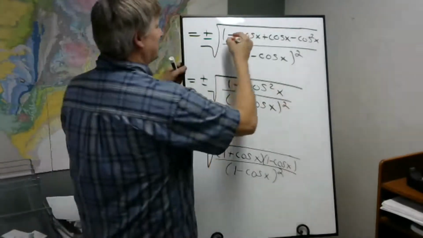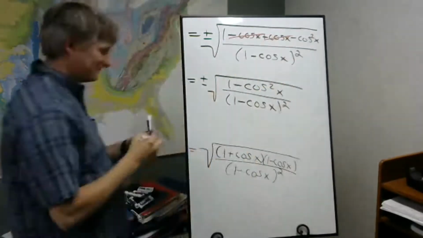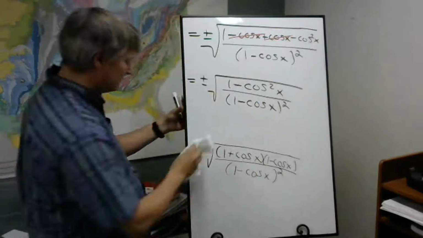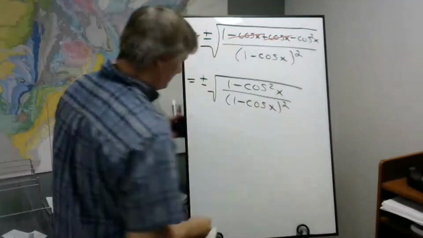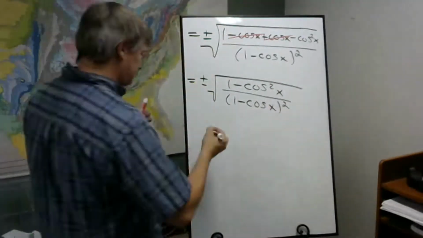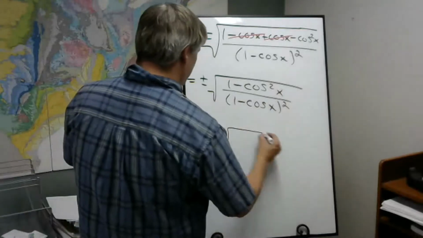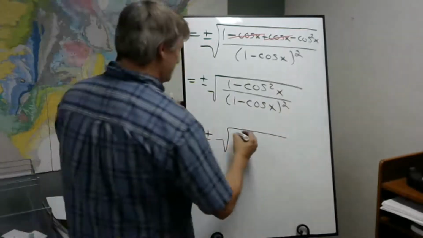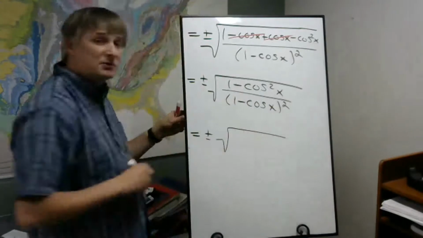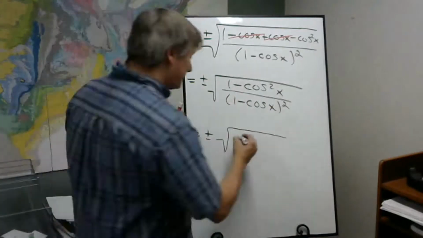These are canceling. So we're going to get plus or minus. Now 1 minus cosine squared x is sine squared.